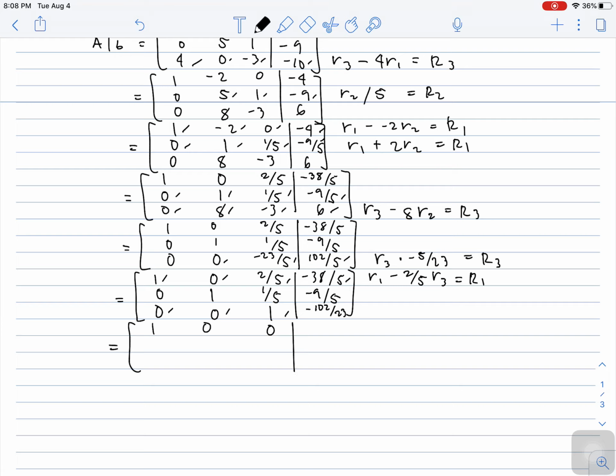Negative 38 over 5 minus 2 over 5 multiplied by negative 102 over 23 is negative 134 over 23.